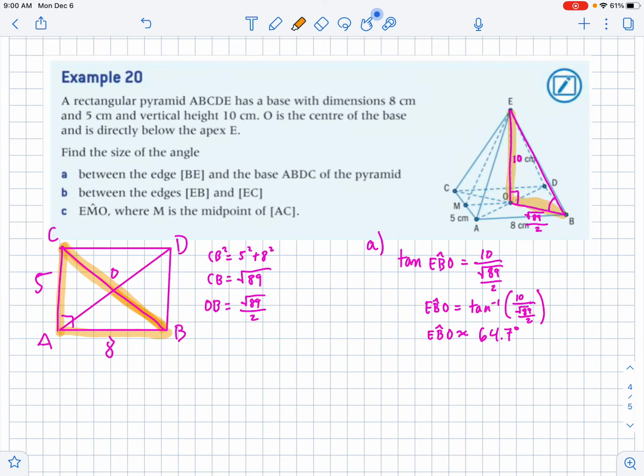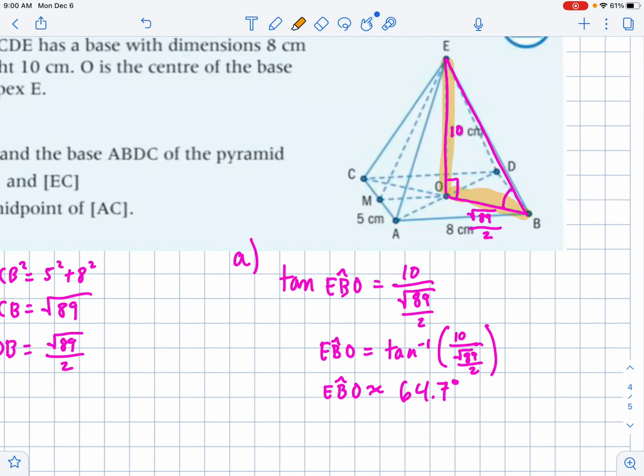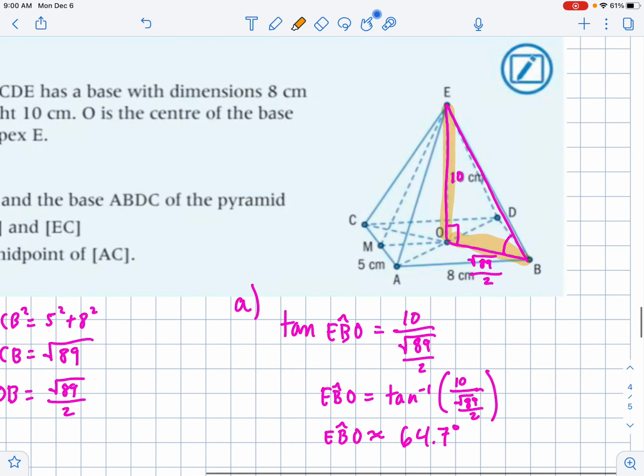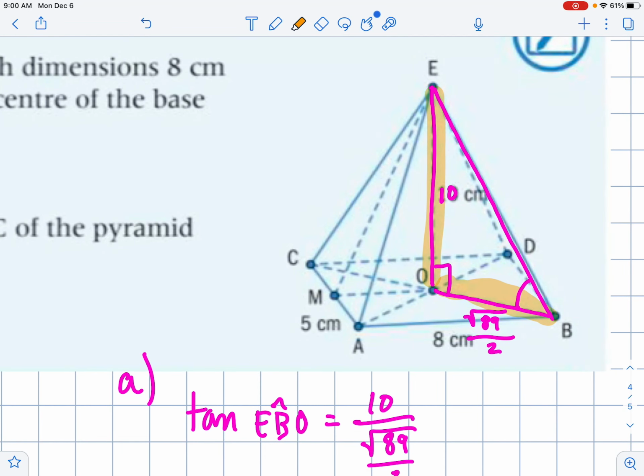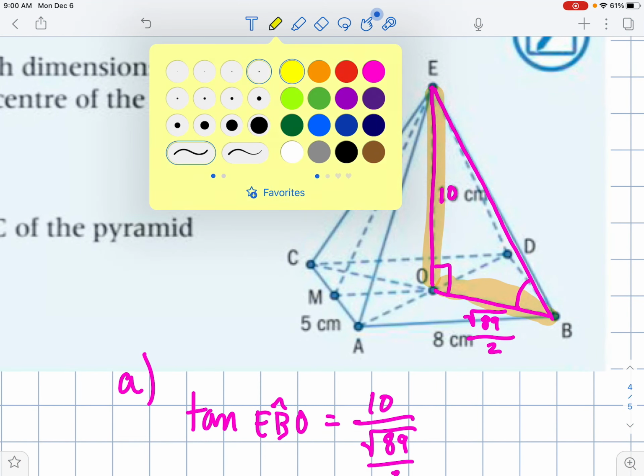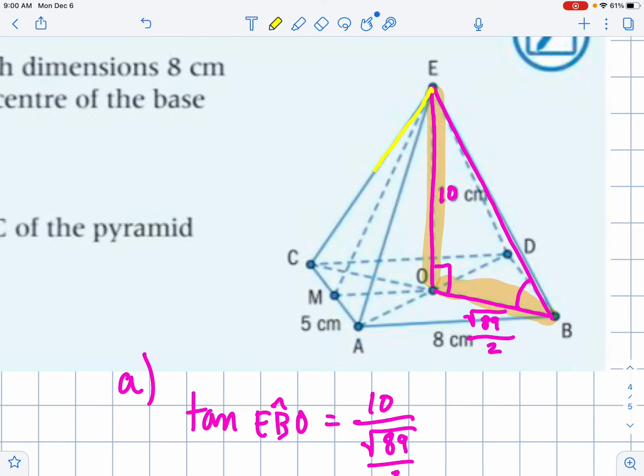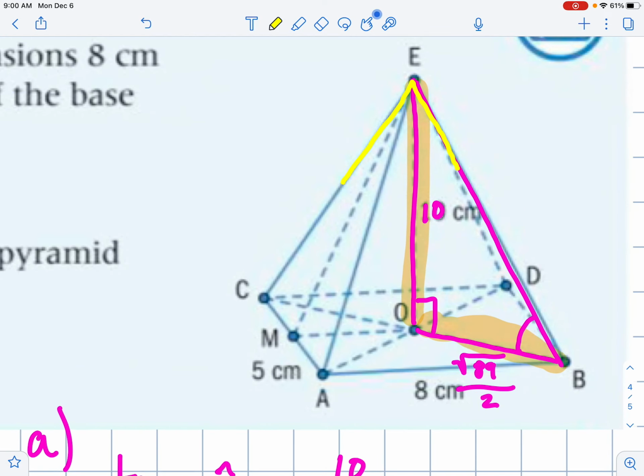Part B, find the angle between the edges EB and EC. Well, EB and EC, they're talking about this angle, here I'll use yellow, this angle right here up at the top. But if you picture this big triangle going from here to here and then across, that's just going to be double whatever this angle right here is.